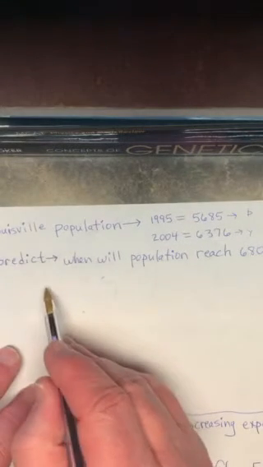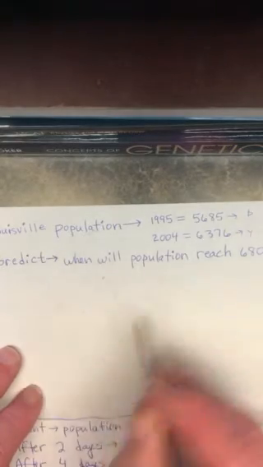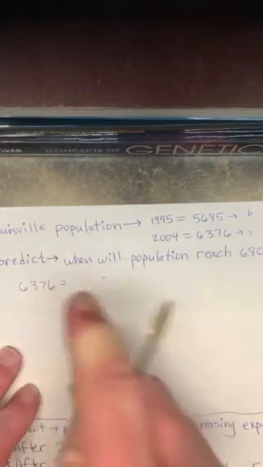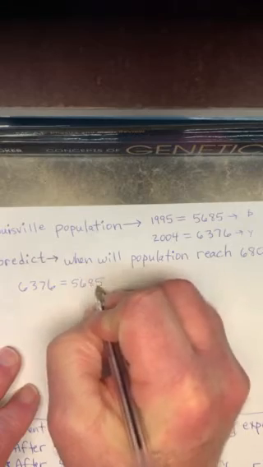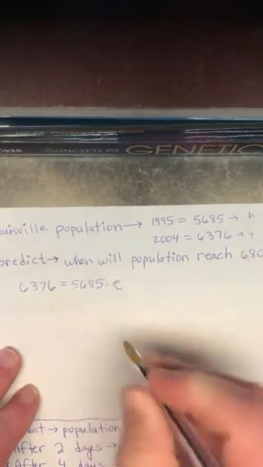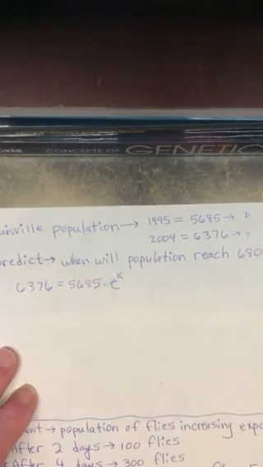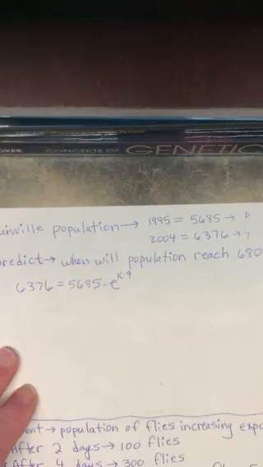If we go to our formula, y equals b times e to the kt, y, my final amount, 6376, equals the beginning amount, which there were 5,685 people at the beginning of this experiment, times e to the, we don't know the K value, the rate that it was growing yet, but we do know that 9 years had passed, correct?